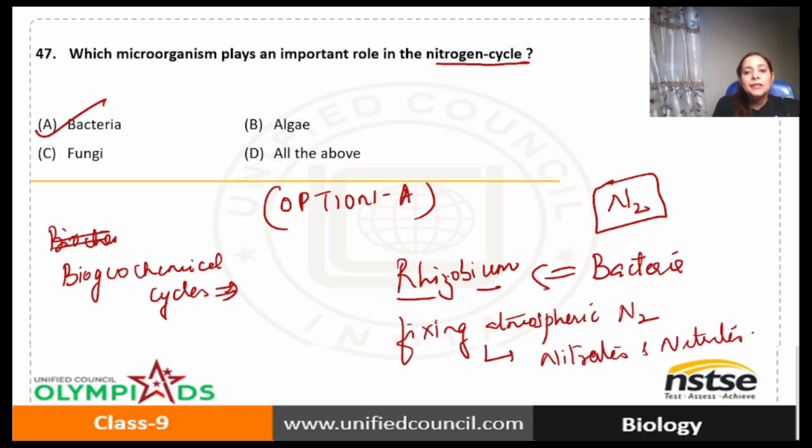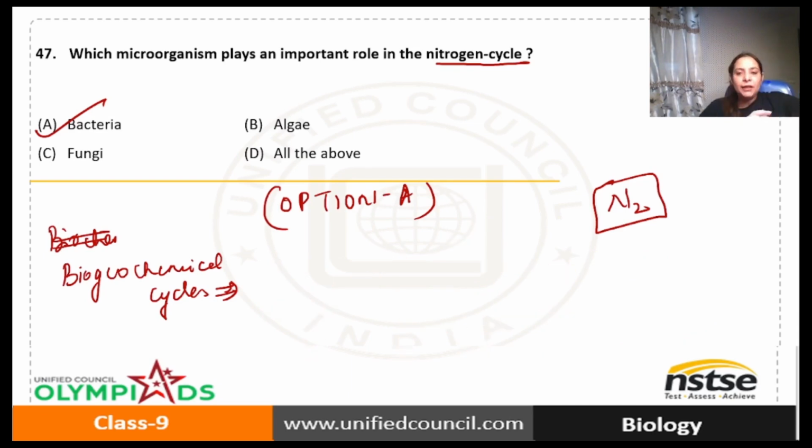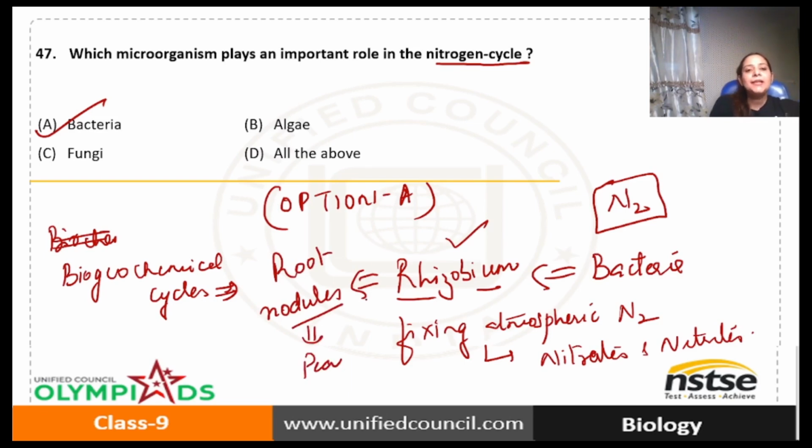This bacteria is present in the root nodules of leguminous plants like pea. So bacteria play an important role, therefore undoubtedly the correct answer is option A.